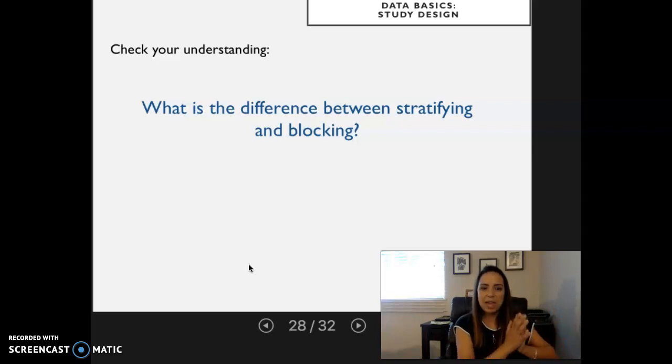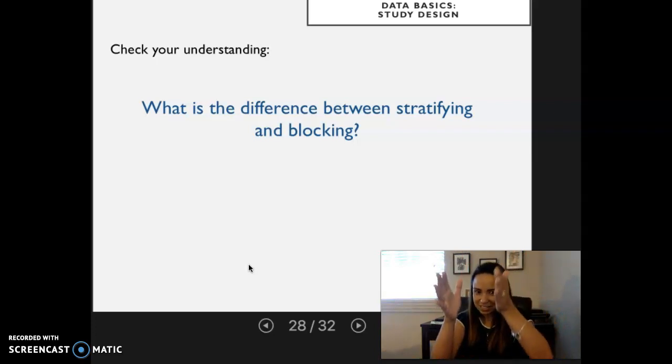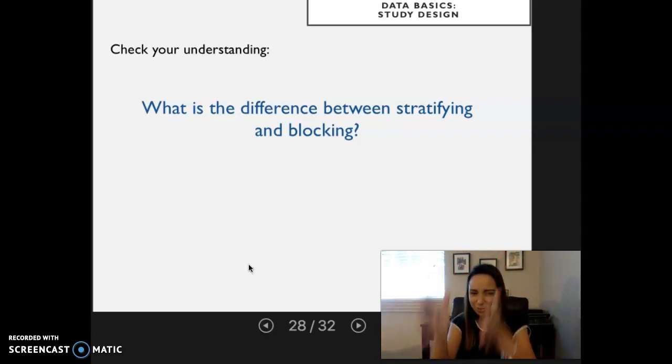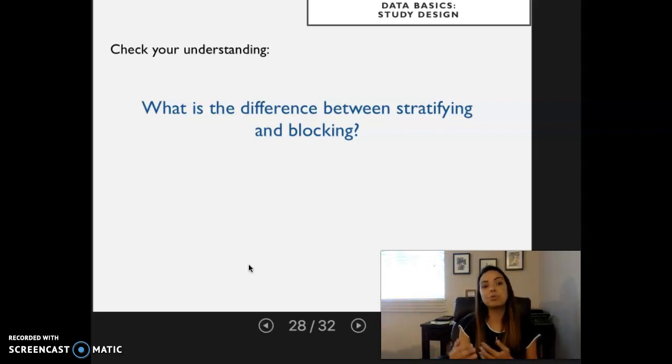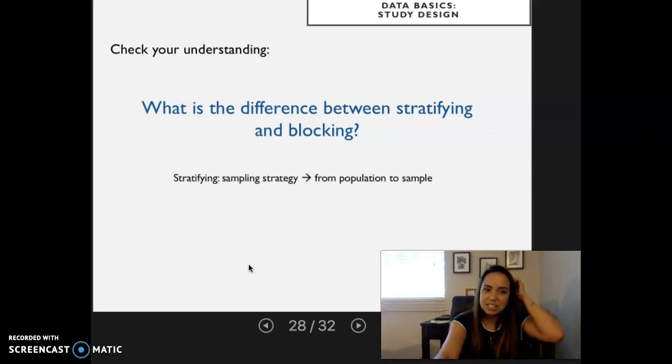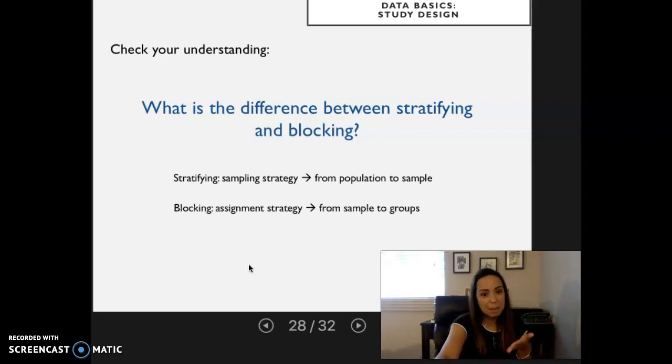Now, blocking is when, once I have the sample, I separate them up, and I get one set of only amateurs and one set of only pros, so that I can control for the effect of professionalism in running in my research question. So stratifying is a sampling strategy from population to sample, and blocking is an assignment strategy from sample to groups.